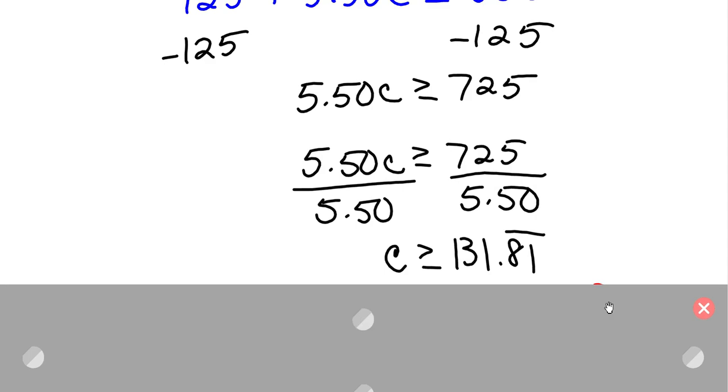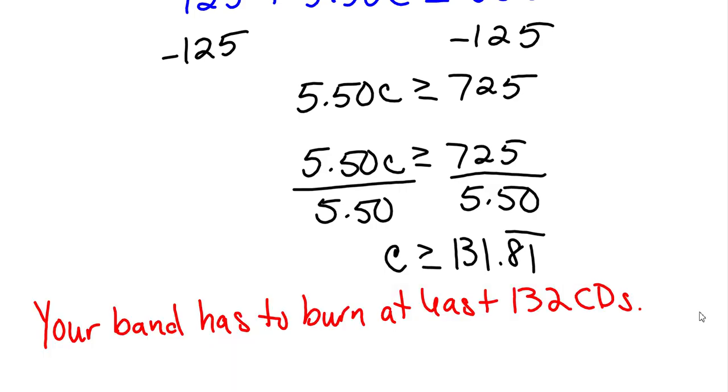It says C is greater than or equal to 131.81 repeating. Again, we're running into that problem where we can't make 0.81 of a CD. So we're going to have to round up. So in this option, you would have to burn at least 132 CDs to meet this studio's requirement.